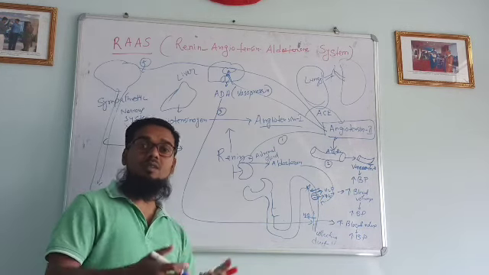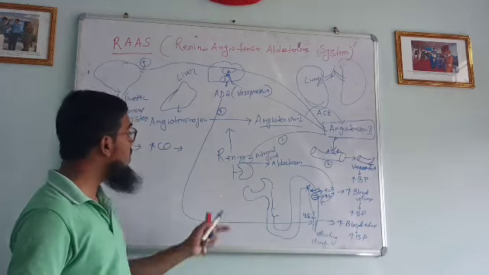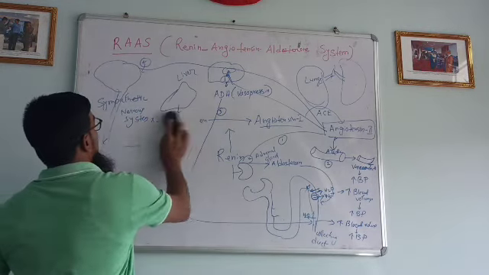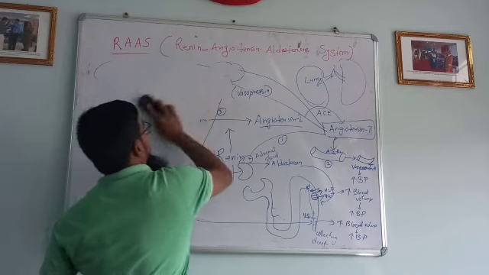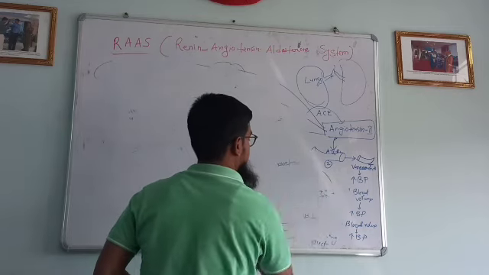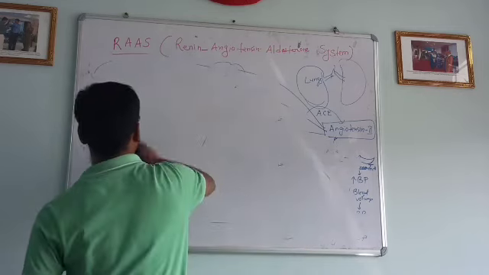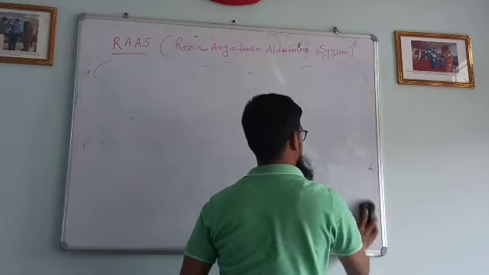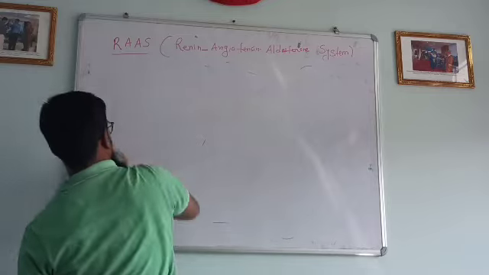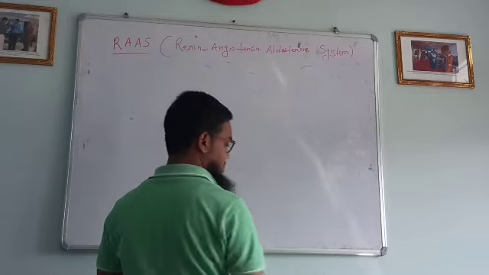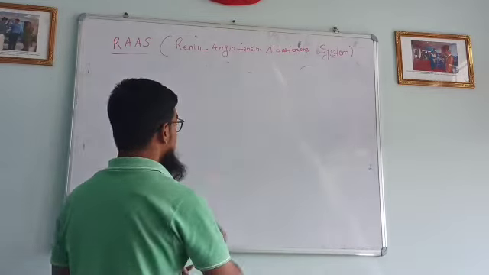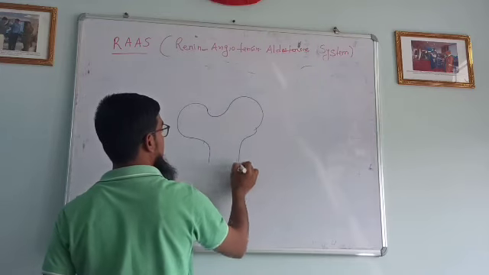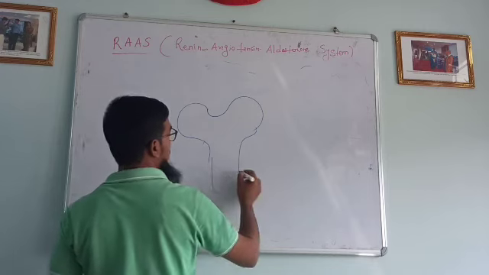Now we will discuss in detail how renin is released. See, this is a glomerulus.